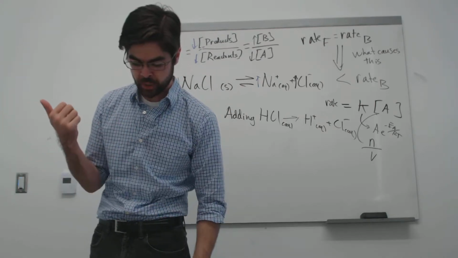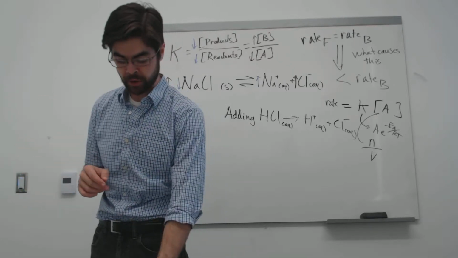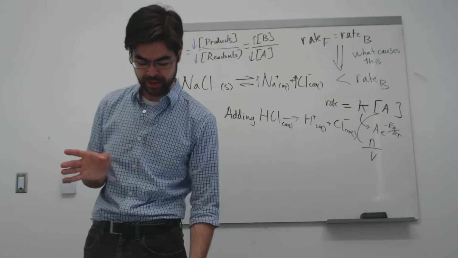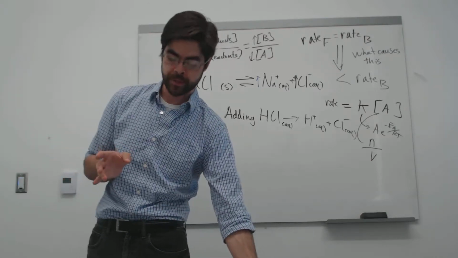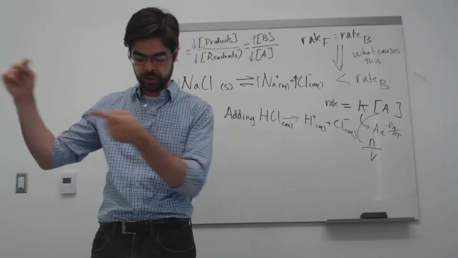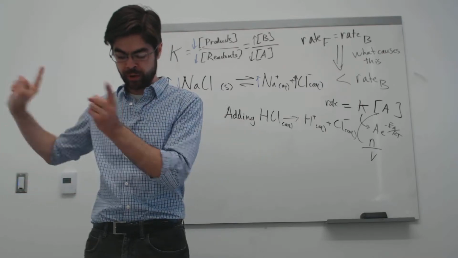So I may have misspoken during lecture, and if that's the case, I apologize. If you were confused by that statement, you were right to be, because increasing the rate of the reverse reaction should result in the reaction shifting towards the reactants, not the products.